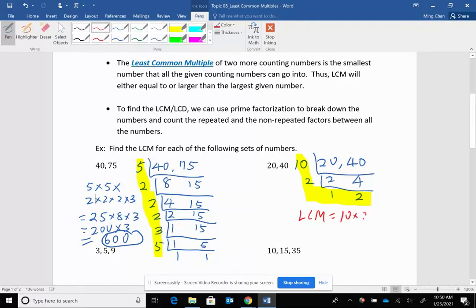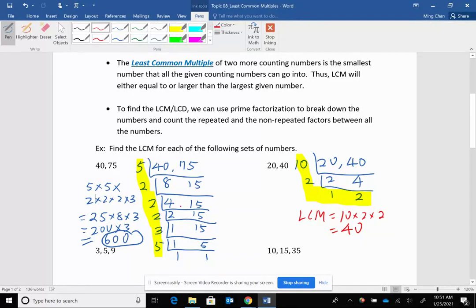That'll be 10 times 2 times 2, which is 40. So this example shows you that the LCM will either be equal to or larger than the two given numbers. The two given numbers are 20 and 40, so my LCM can either be larger than or the same as one of the two given numbers.